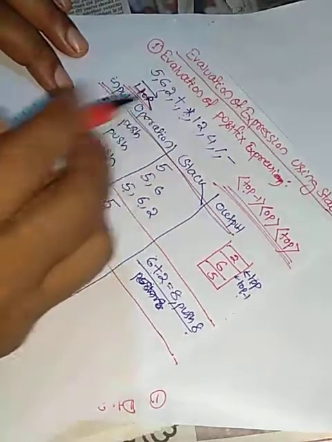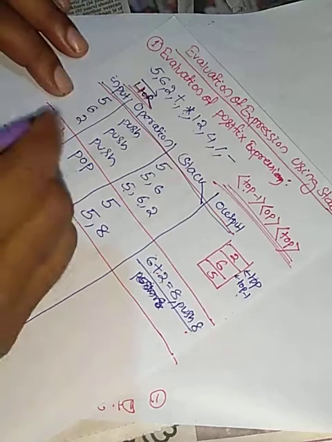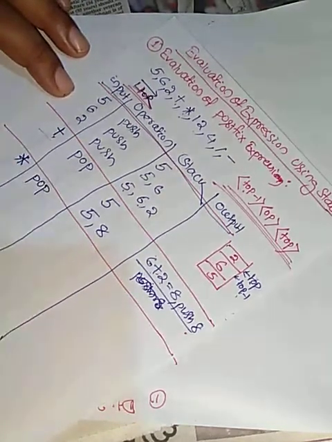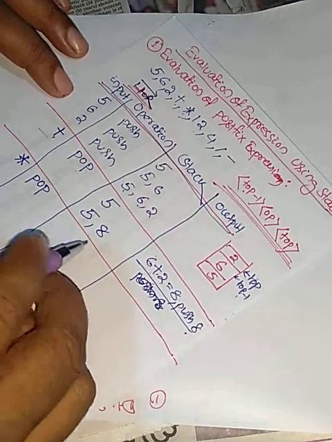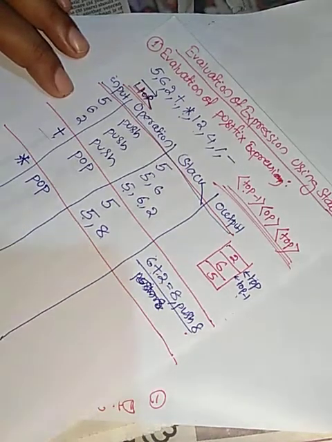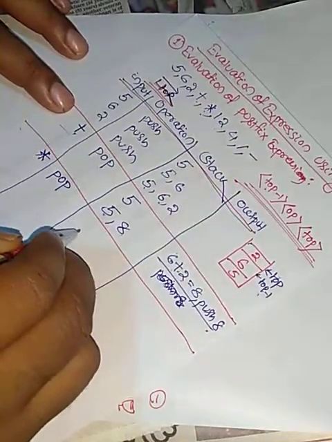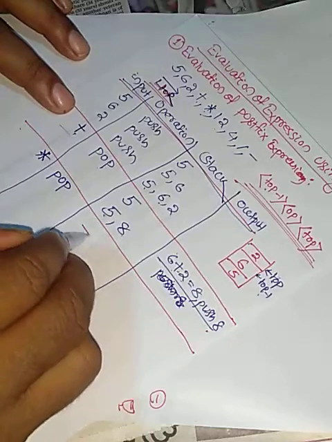The next symbol we encounter is multiplication. If multiplication occurs, we will pop the top 2 elements. What is on top? Now 5 and 8 are on top. If we pop 5 and 8, the stack will go empty.